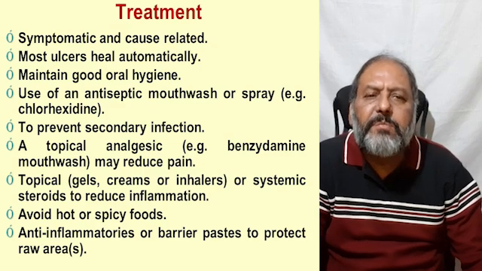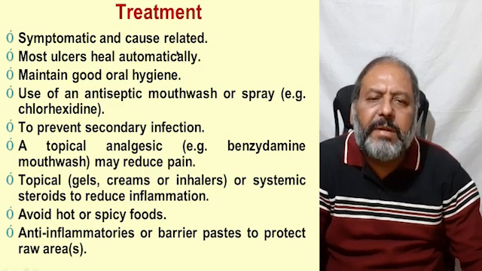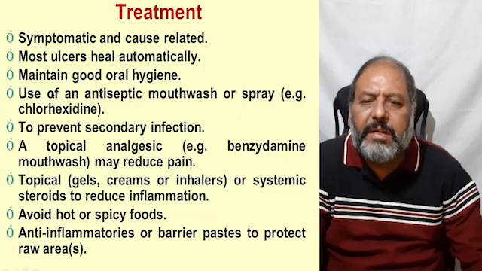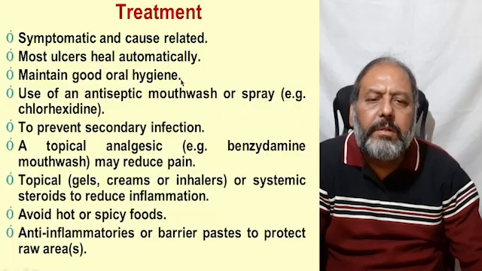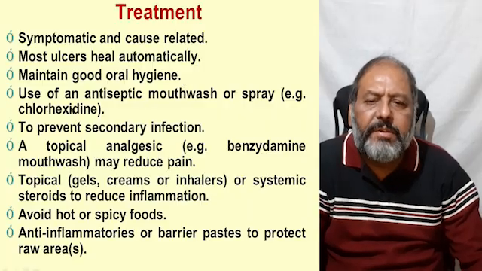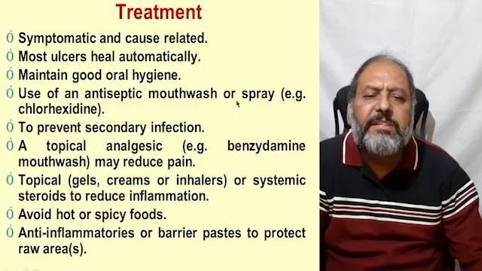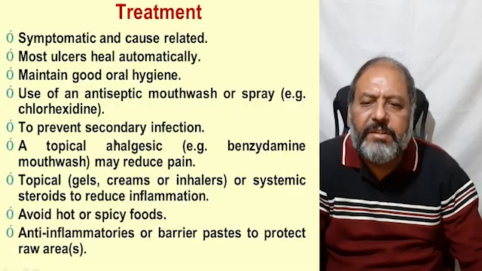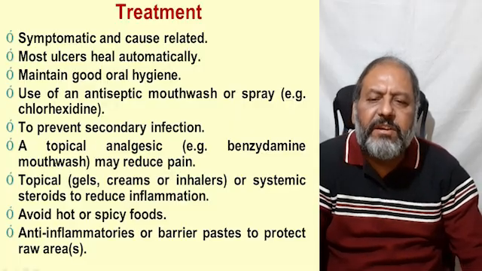Now, the treatment of the mouth ulcer is symptomatic and cause related. Most ulcers heal automatically. Maintain good oral hygiene, proper brushing after every meal, and use an antiseptic mouthwash or spray like chlorhexidine to prevent secondary infection.